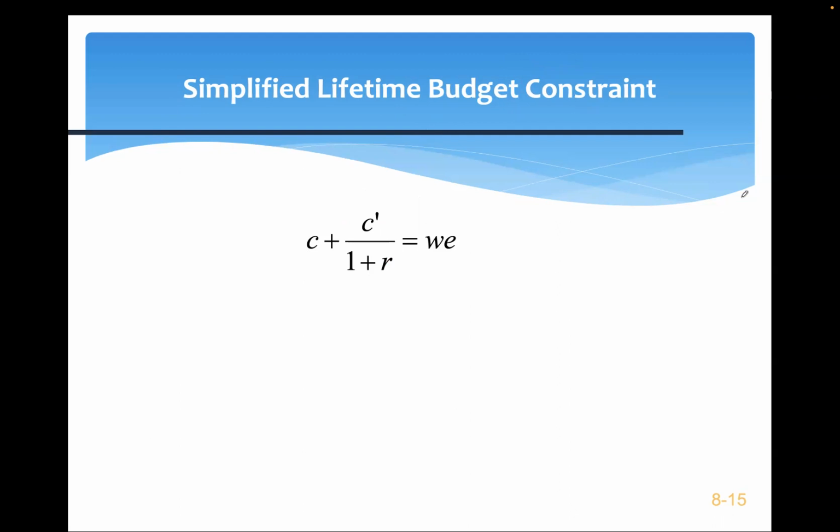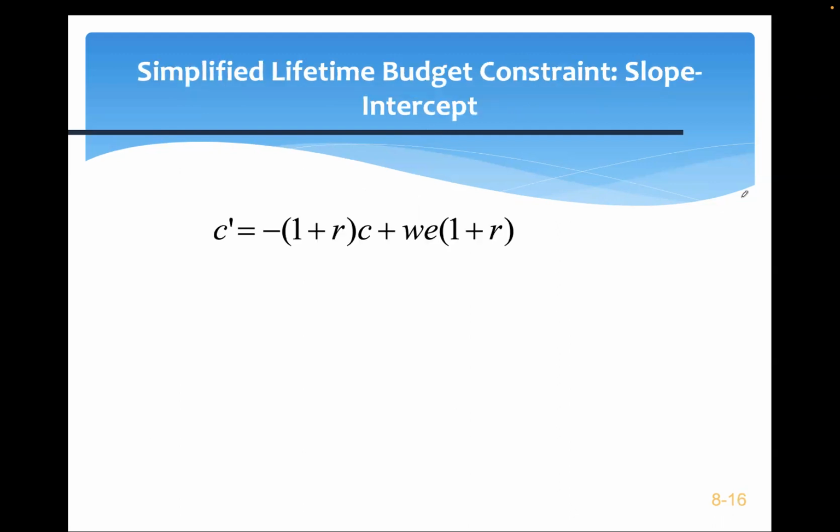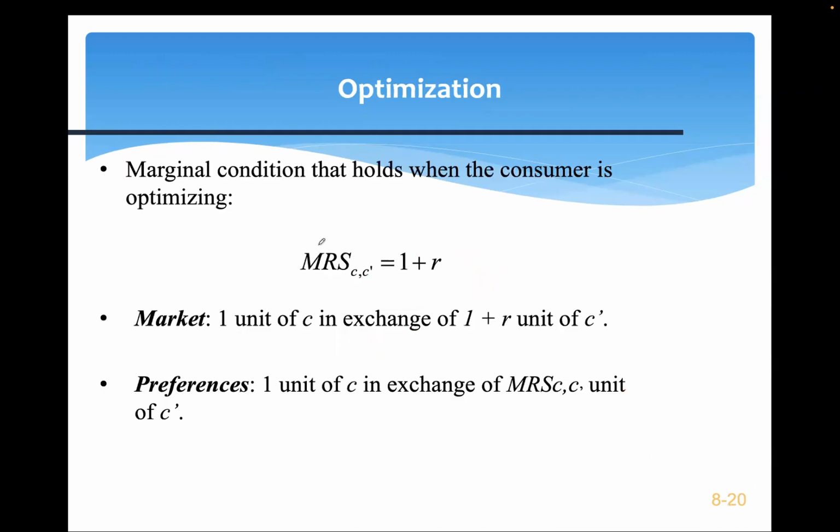This is simple algebra, but finally, after some manipulation, we end up with C prime equal to this. Essentially, this just says C prime as a function of C. This is going to be very useful for our analysis. Why? Remember, when we have the indifference curve, we have C and C prime, or in other words, C prime is a function of C. So that's going to help us in our future analysis. That's why we end up with this.